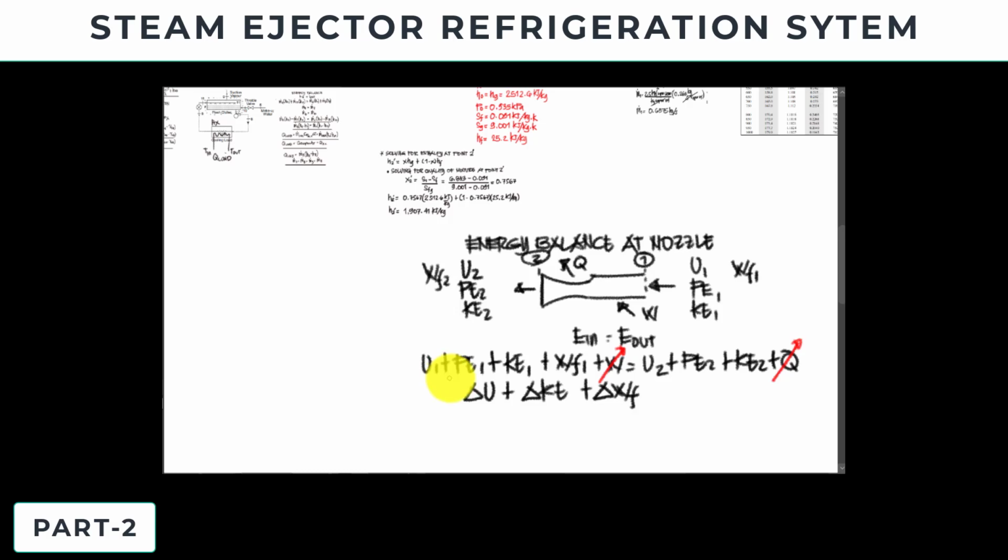So potential energy will be 0 out, because we don't have the change in elevation. So automatically it will be removed from the equation. So this is what remains, where my change in internal energy plus my change in workflow is equal to my change in enthalpy.